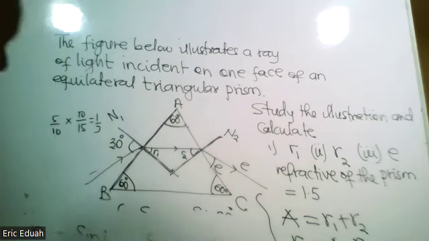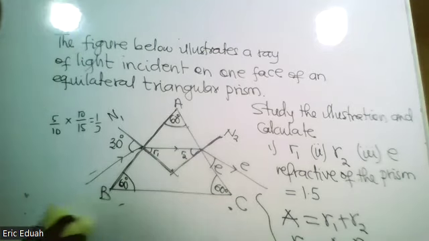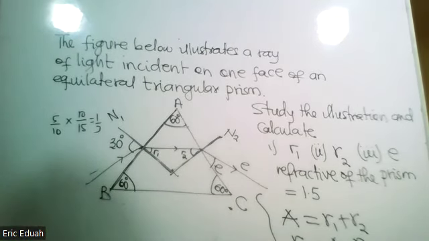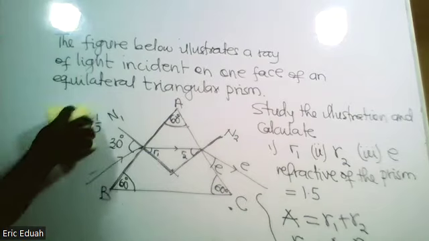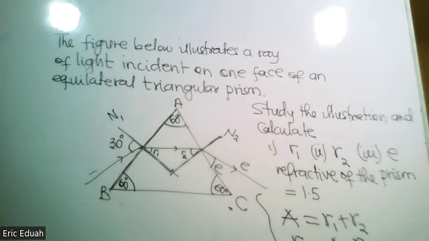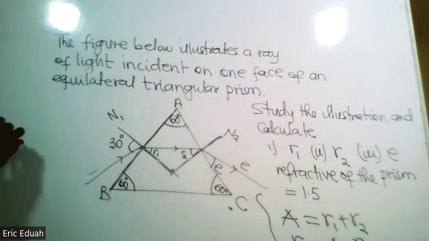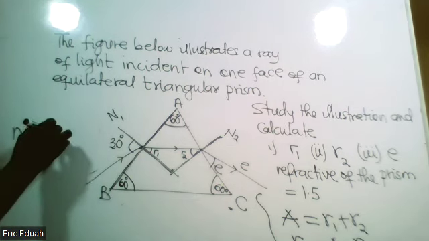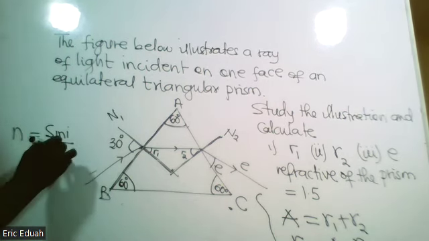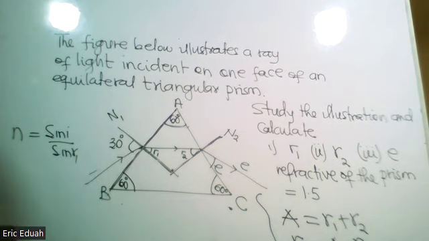All right. Then let me come in. Equia Watsma, relax. You see, I can reverse the path of the ray. If I'm going from left to right, the refractive index is sine I on sine R1.